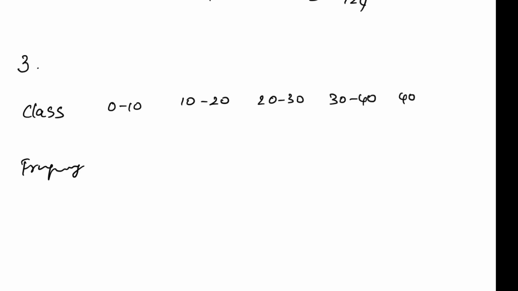So we have class and frequency. Here you don't have to find the cumulative frequency and all. 10 to 20, 20 to 30, 30 to 40, 40 to 50, with frequencies 5, 12, 20, 9, 4.